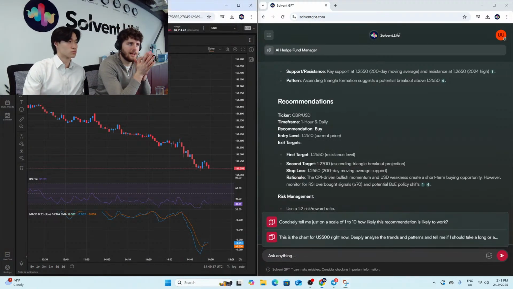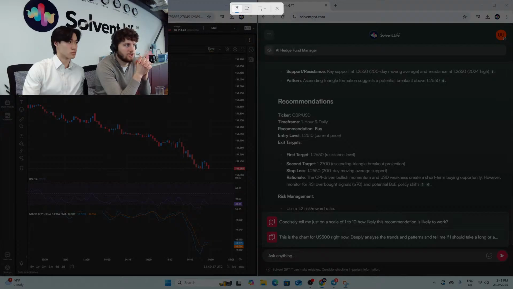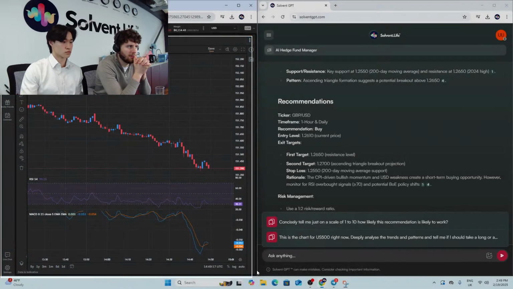We can have a look at pounds to dollar. I think this is dollar to yen.